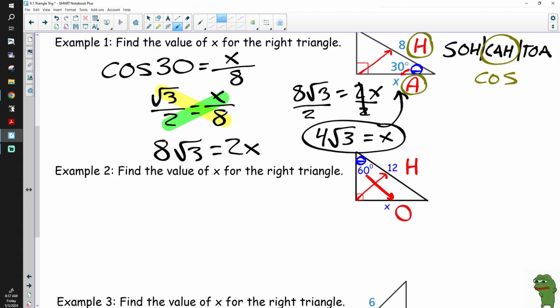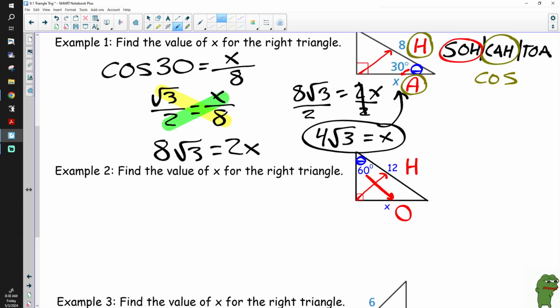So I have my angle, which is 60. I'm trying to find my O, opposite, and I have my hypotenuse. So I'm going to go back up to SOHCAHTOA, and I'm looking for which of them have an O and an H. The only one with an O and an H is right at the start.